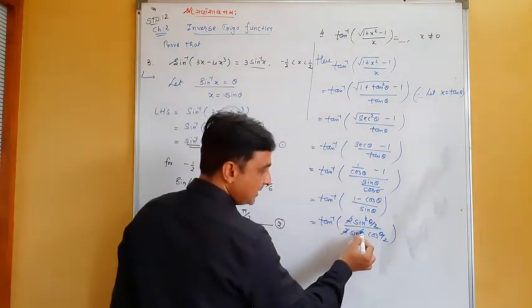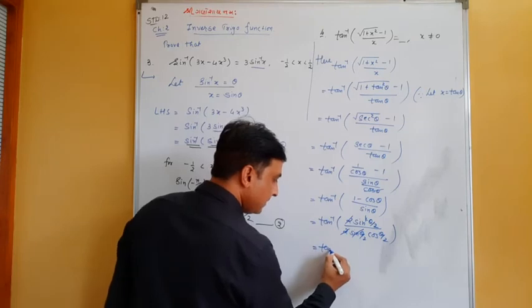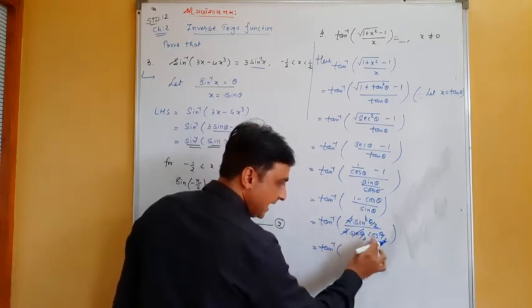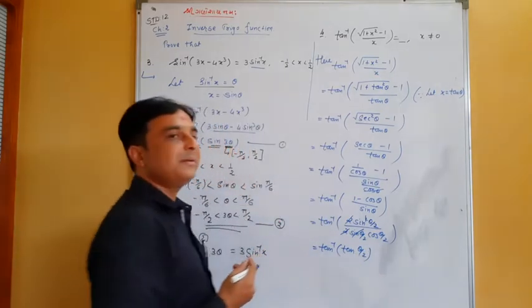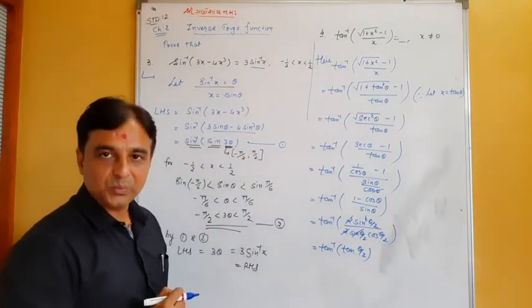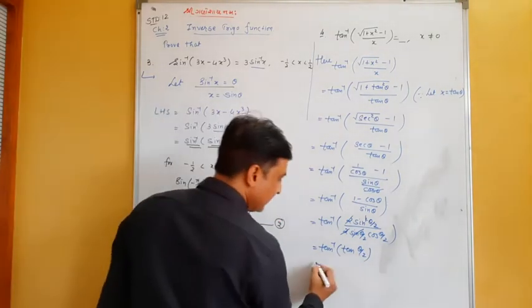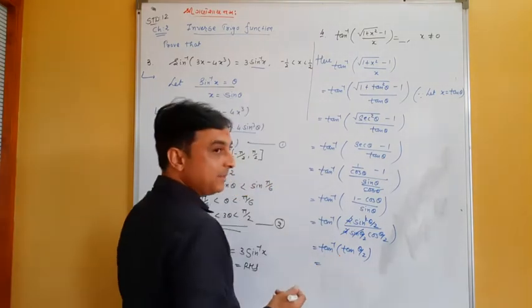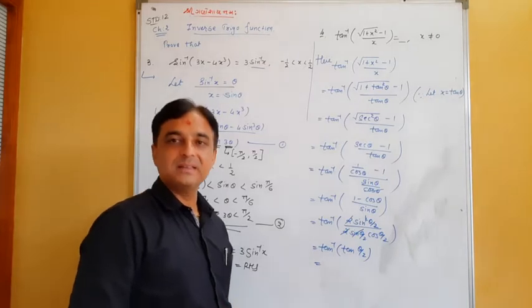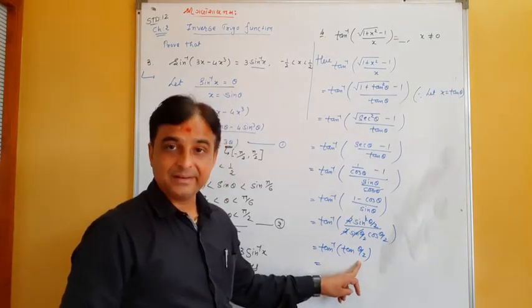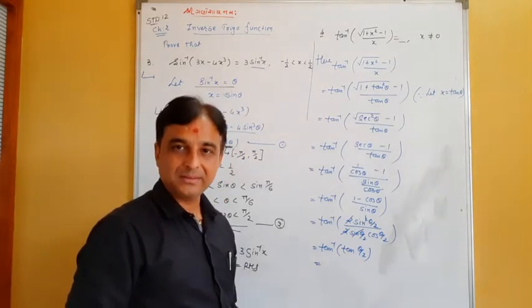The 2 and one sine cancel, giving tan inverse of sin/cos, which is tan(θ/2). Tan inverse and tan cancel, because the domain of tan is R, so there is no worry about that.